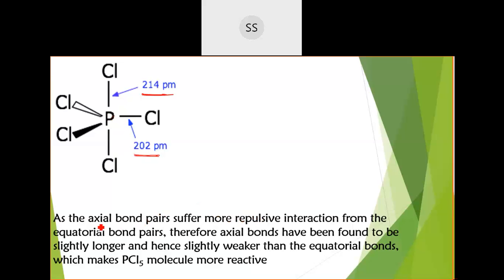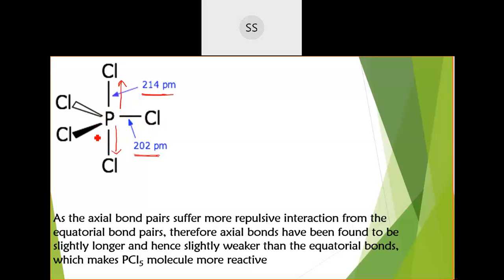When there is repulsion, they have to minimize it, so they need to go a little far. All the bonds were supposed to be equal, but the bond above and below the plane is found to be a little longer than the equatorial one.